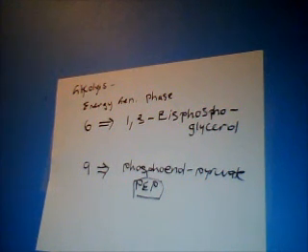So what happens exactly with these high phosphate group transfer potential compounds? That has to do with the third basic step of glycolysis, which is creating ATP.